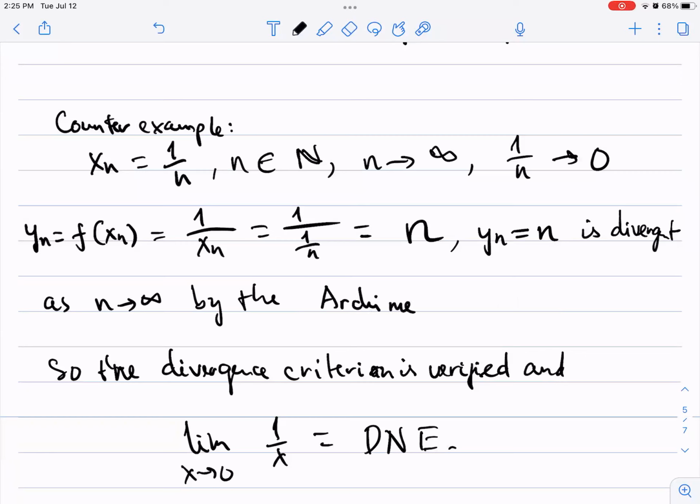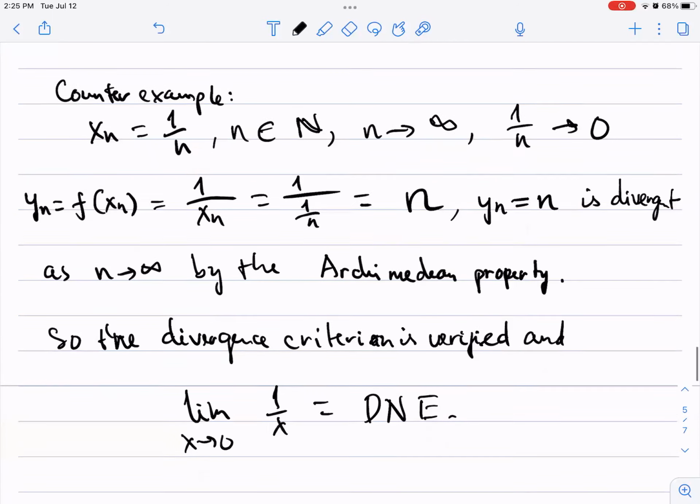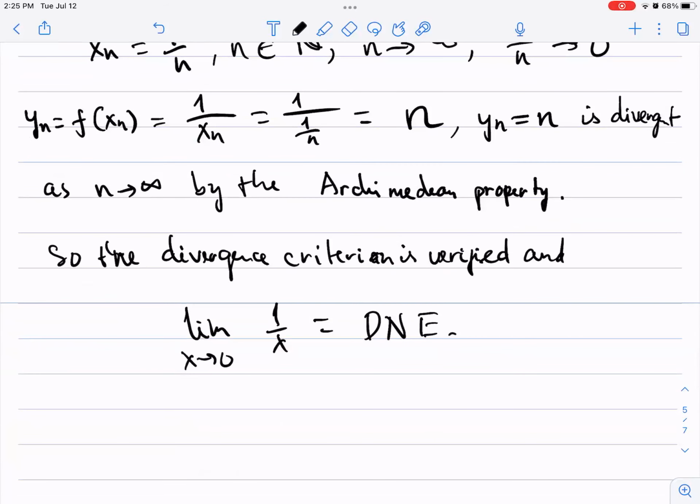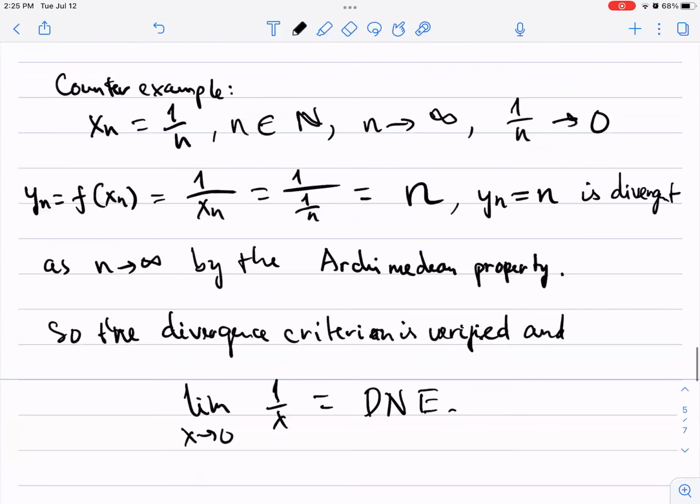And you see this Archimedean property appears again and again in this class. So the divergence criterion is verified, and the limit of 1 over x when x approaches 0 doesn't exist. Basically, in summary, we came up with a sequence x_n approaching 0 such that f(x_n) doesn't converge to any number.